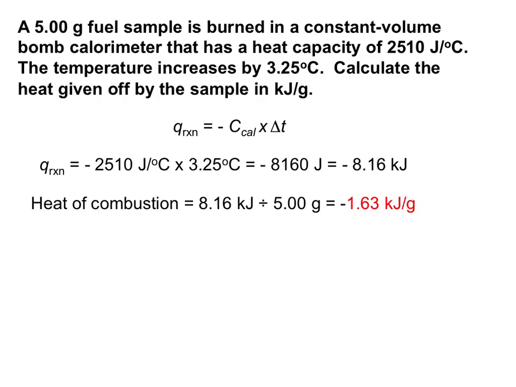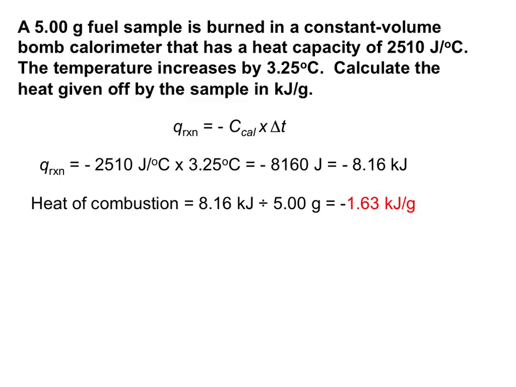They could have asked this in several different ways. They could have totally left out constant volume bomb calorimeter and said, a 5 gram fuel sample is burned in a calorimeter that has a heat capacity of this. Notice the units here are different for our heat capacity, and they would have told you that the calorimeter has this heat capacity.